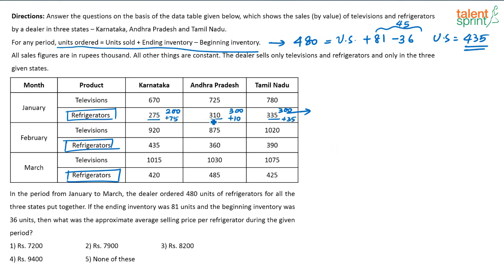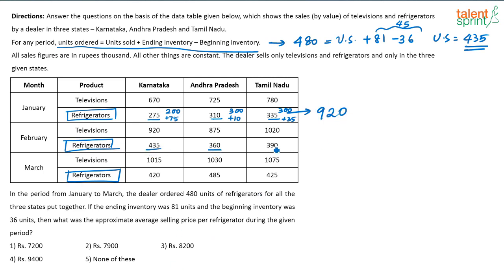Now 800 plus 75, 875. 875 plus 10, 885. 885 plus 35 will be 920. If you add it that way, it is far easier. So here it is going to be 920.